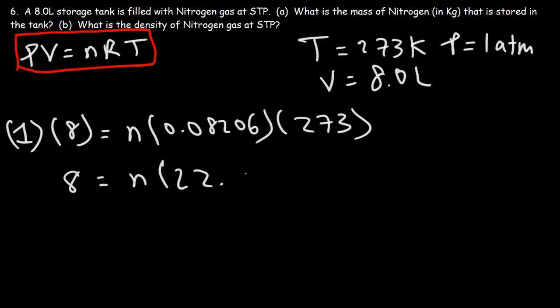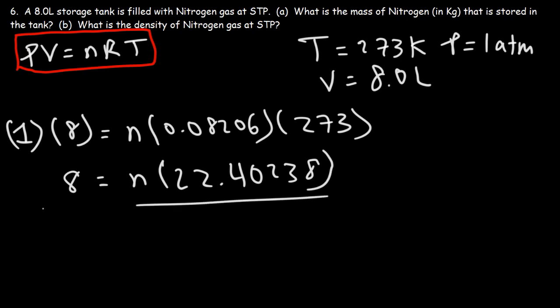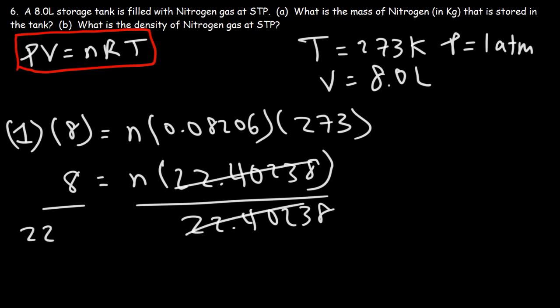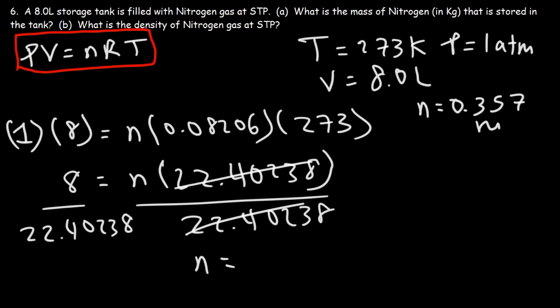So this is going to be 22.40238. And then let's divide both sides by that number. So n is going to be 8 divided by that number. So the number of moles is 0.357.